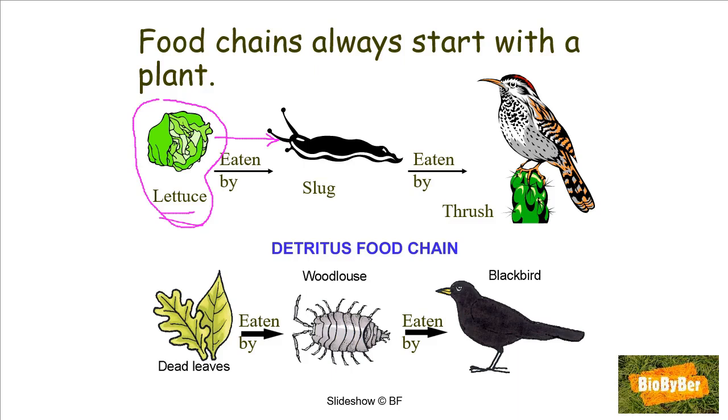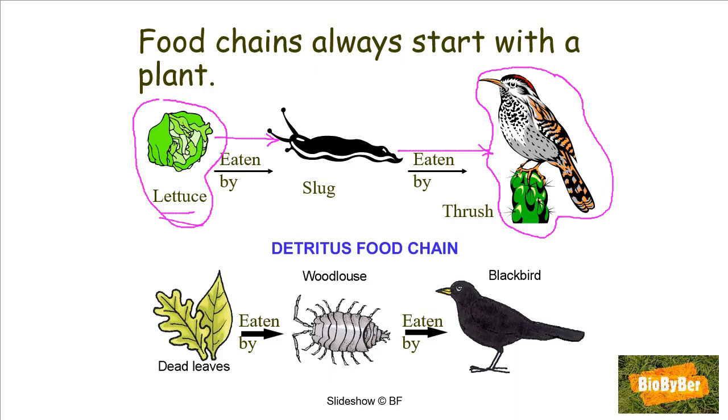The slug is eaten by the thrush. It's terribly important that you would actually give the name of the bird. If you want to make life easy, you could use an example of a robin or a blackbird or even the common crow. But make sure you always name the bird. Do not just say bird.